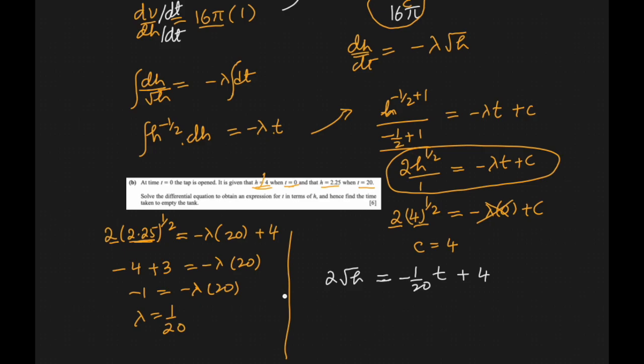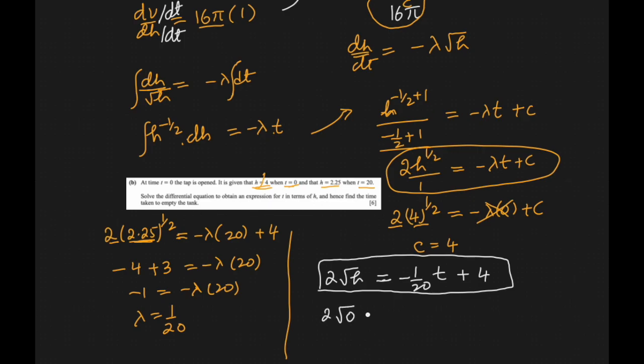Okay. What are they asking us? Solve differential equation, obtain expression, done. Obtain the expression, this one. And then they are asking us to find the time taken to empty the tank. That means height is 0.